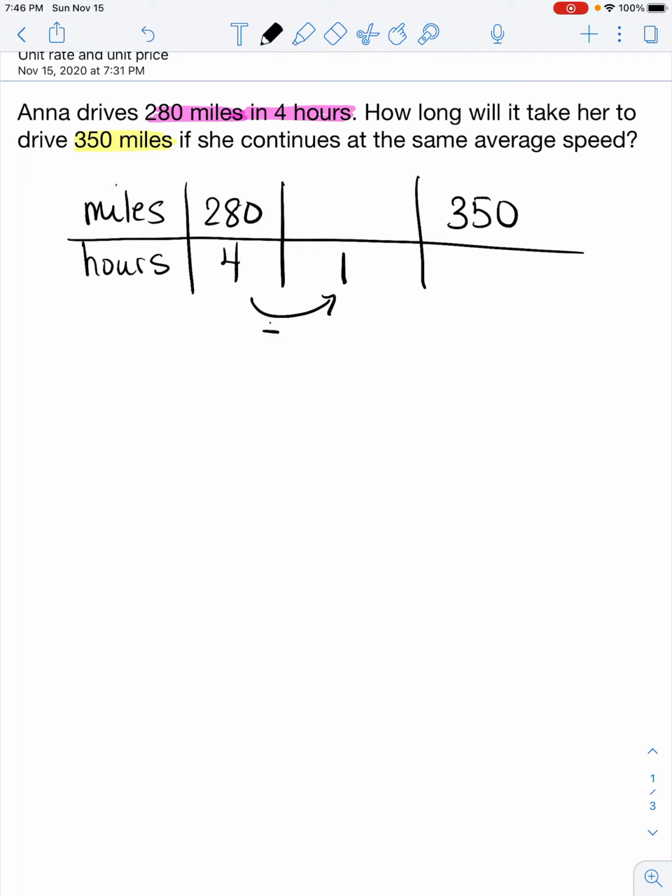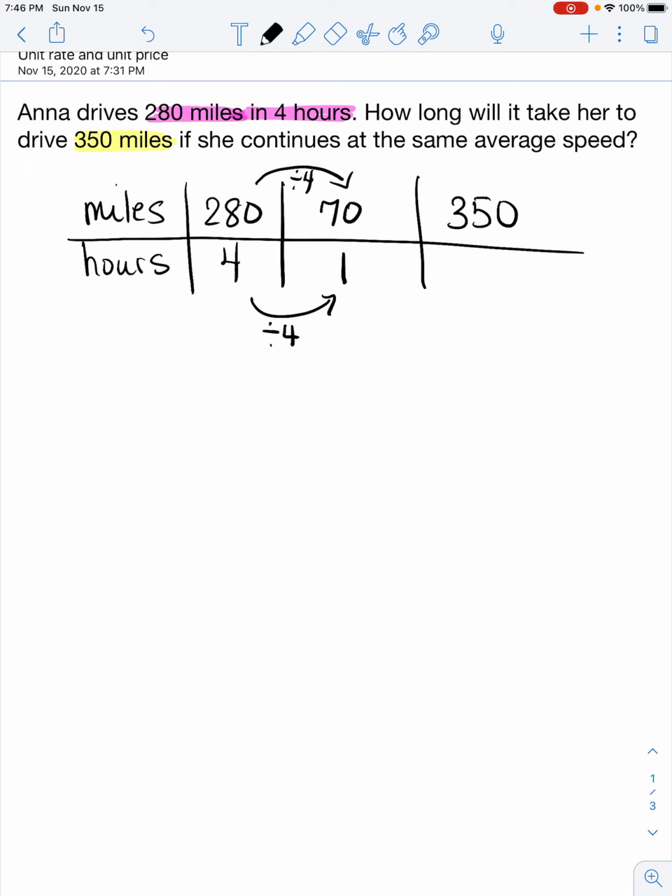And I have to divide. 4 divided by 4 is 1. And I have to do the same thing up here. I have to divide by 4. And 280 divided by 4 I know is 70, because I know that 28 divided by 4 would give me 7.